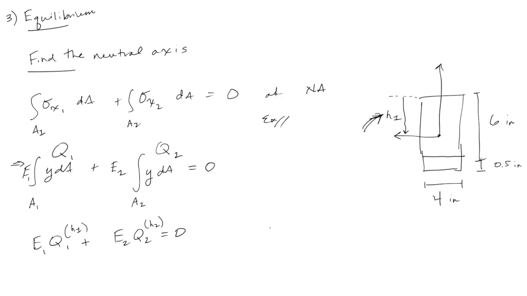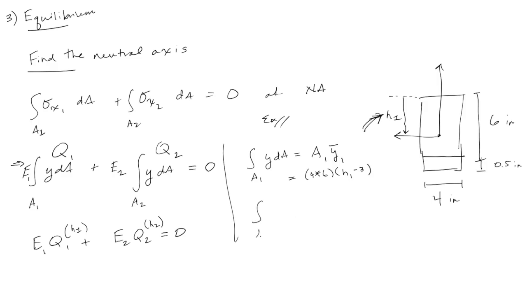If we look at the integral of y dA over A1, that's equal to the area of 1 times the distance to the centroid from the neutral axis, which in this case is 4 times 6 times (h1 minus 3).